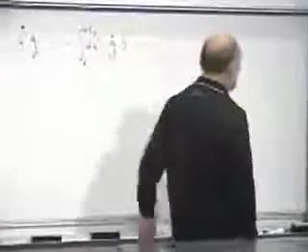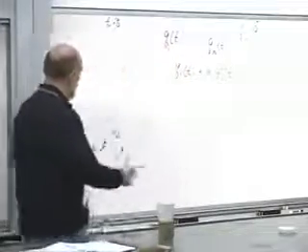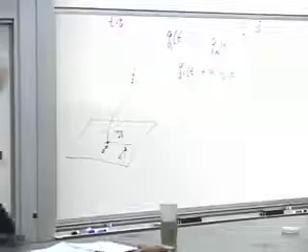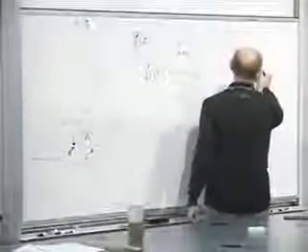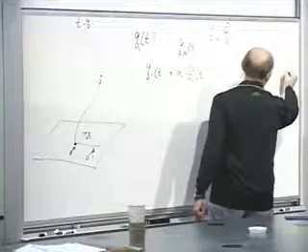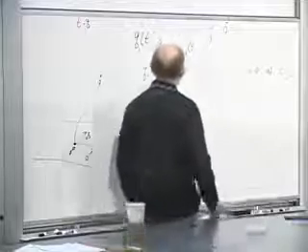Well, I've erased it, but you can get the drift. Something is vanishing at the initial point and the final point. So we can write that. fi of t equals 0 at t1 and at t2.